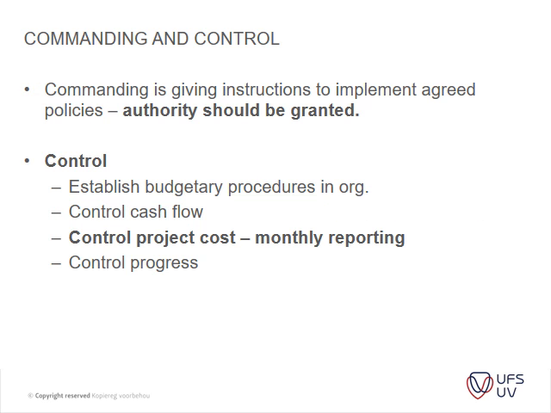Commanding and control. Commanding is giving instructions to implement agreed policies. Authority should be granted. This is very important. Whenever you appoint someone and he doesn't have authority to do anything, his hands are basically tied behind his back. Control is controlling project costs, monthly reporting, again looking at the aspect of the project and not the company.